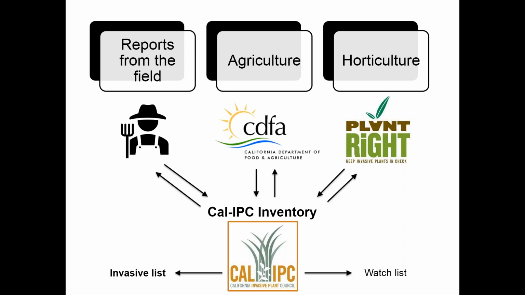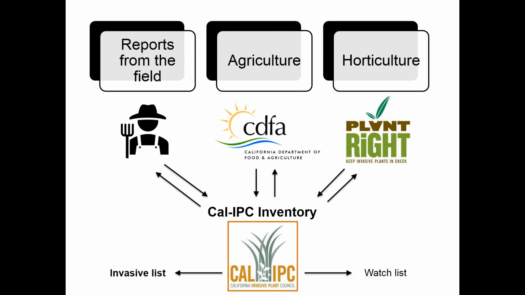So the list really started out as a descriptive tool, and that is what we call our invasive plant list. More recently, we've added in a predictive component, which is our watch list. We have both of them compiled together into our inventory, but you can very easily see which is on the watch list because it says watch, and which is on the invasive list because it has a different ranking, high, moderate, and limited, which I'll get into a little further later.